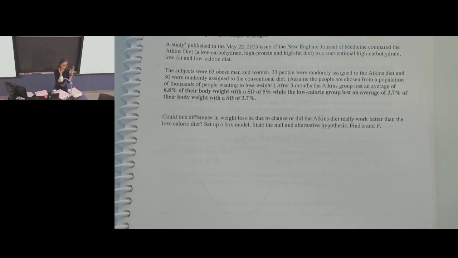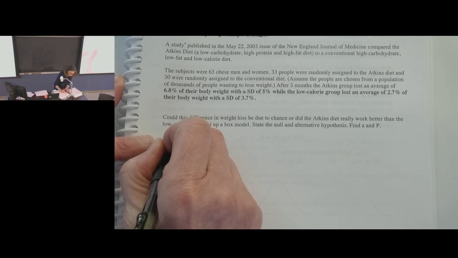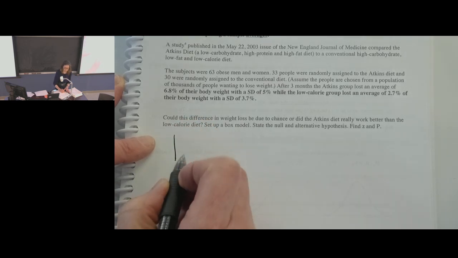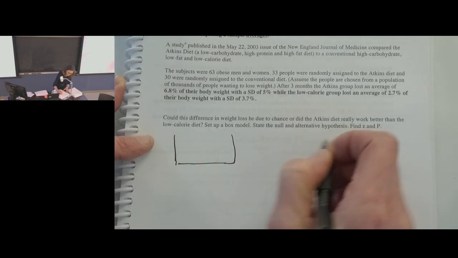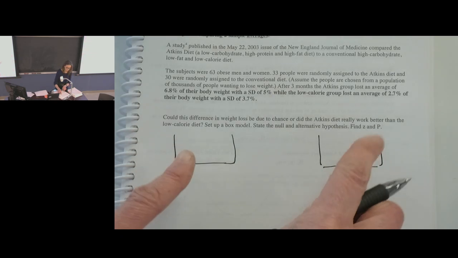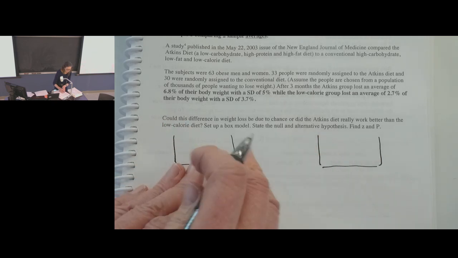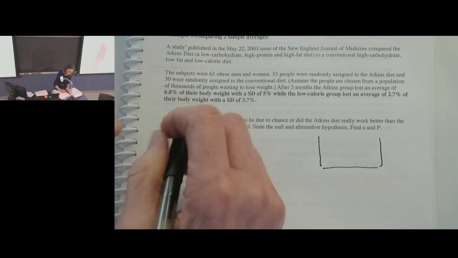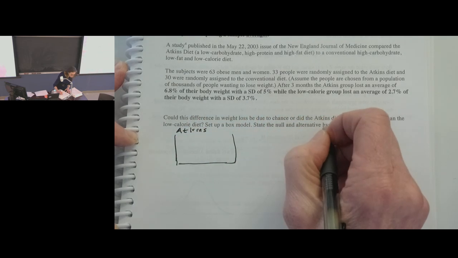Now imagine that there's lots of people who want to lose weight, and we randomly selected, even though this wasn't quite the way it's done, but this is the method that's used, based on the idea that you have two independent populations here. So you have all these people who want to lose weight, and from these people, the Atkins group, and here's the low-cal group.